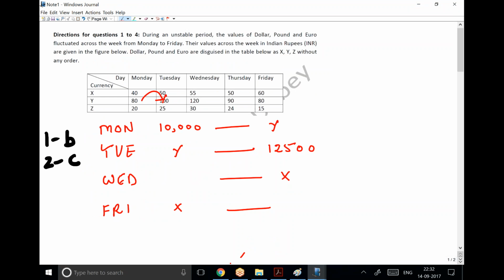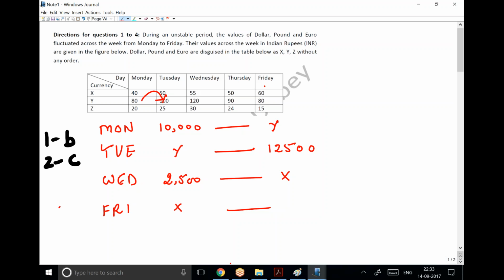So how much profit has he made from here? 2,500. So he got a profit of 2,500, and this 2,500 he will invest in currency X on Wednesday.